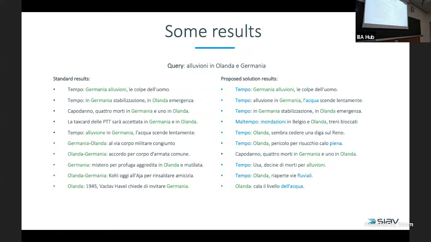So the best way to show them that our system is working and is satisfying the requirement is by actually showing the differences with the old system that they were using.